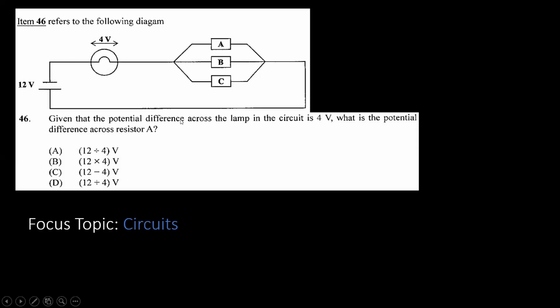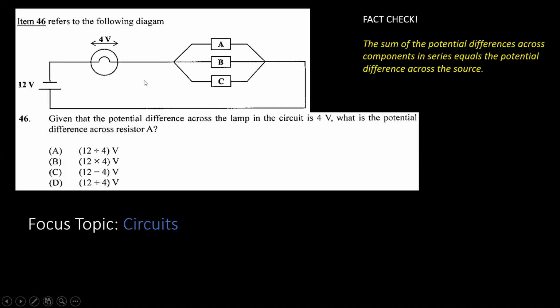Given that the potential difference across the lamp is 4 volts, what is the potential difference across resistor A? What we know is that the potential differences across the components should add up to the potential difference across the source. That's 12. And if this is 4, then this should be 12 minus 4. And so your answer should be C.